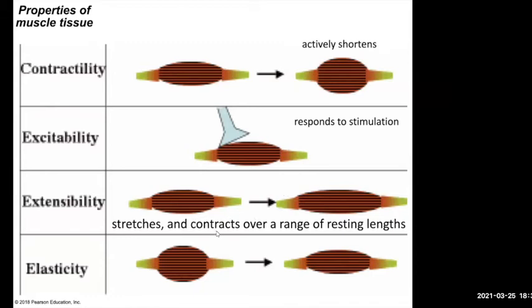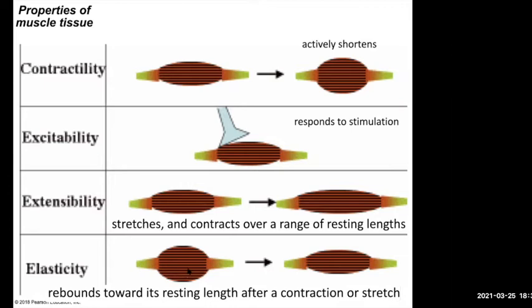So this is related to its contractility part, but it can do it at a range of lengths, which we'll talk about as we get into the microanatomy next time. And then the other thing is there's some elasticity built into the muscle tissue itself, as well as along the connective tissue that forms the muscle tissue and helps organize it.